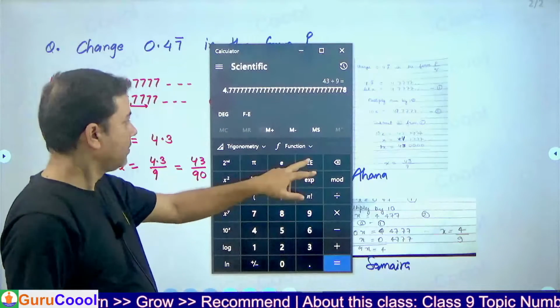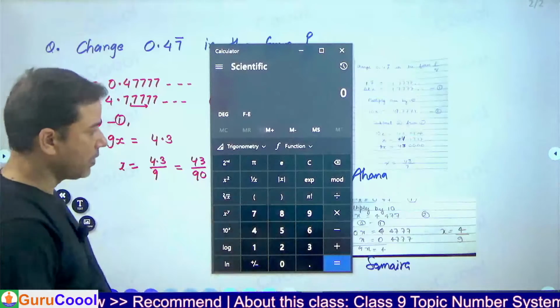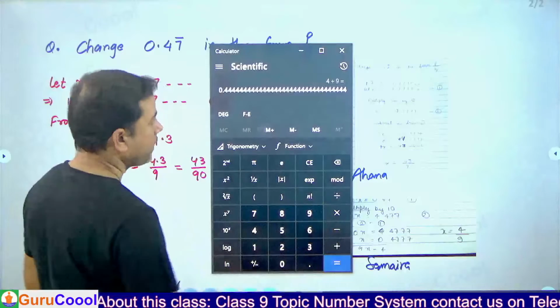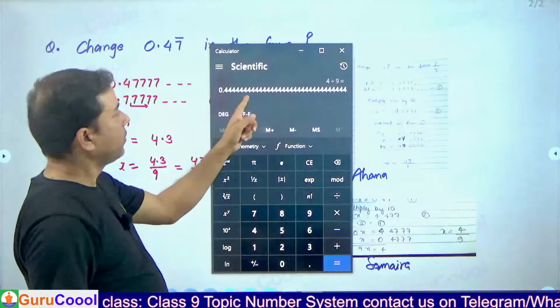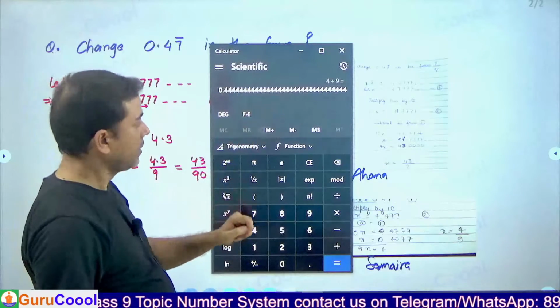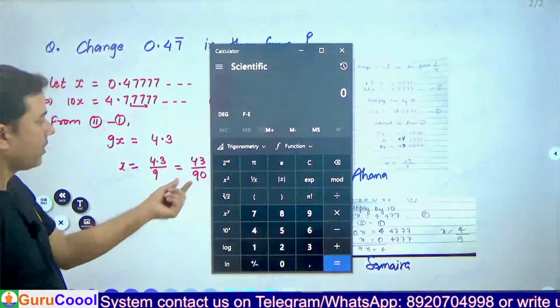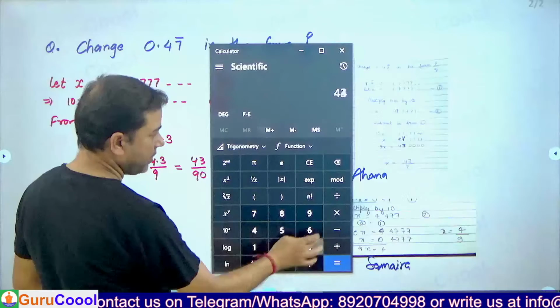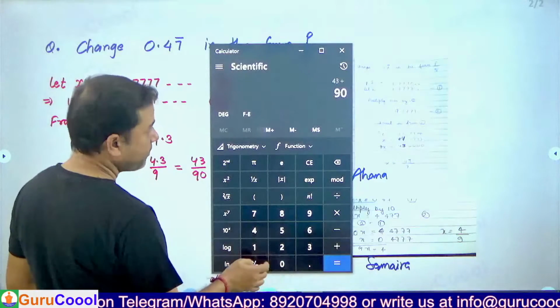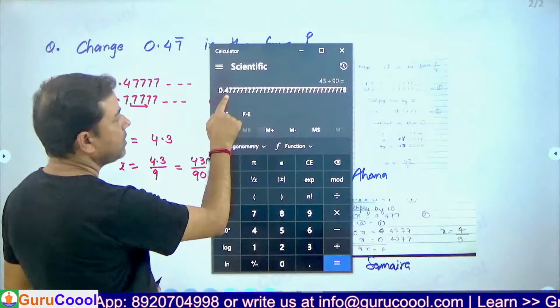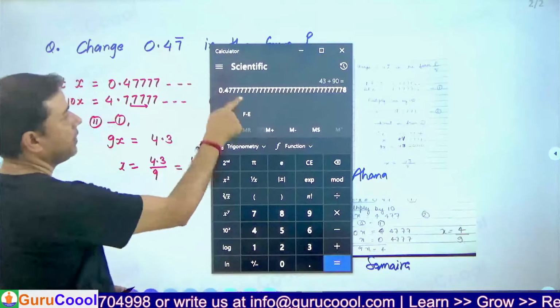Now, Samaira, your answer is 4 by 9. Let's see, 4 divided by 9 is 0.44444. Still not the same number. Now let us divide 43 by 90. 43 by 90 gives 0.4 and then 7777. The same number here.